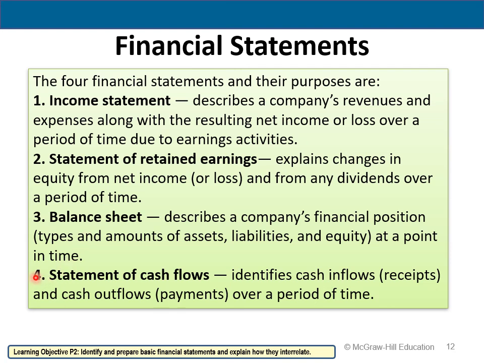The last, which we'll get to towards the end of the term, is a statement of cash flows. This will make more sense after chapters 3 and 4. But because of the revenue recognition principle and the matching principle, it is possible for a company to show net income and never generate positive cash flow. Cash to companies is kind of like blood to you or me.